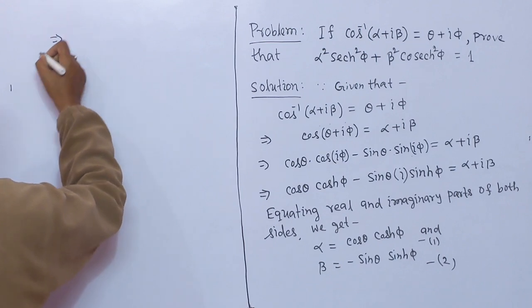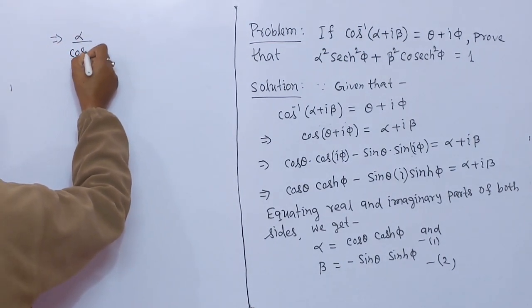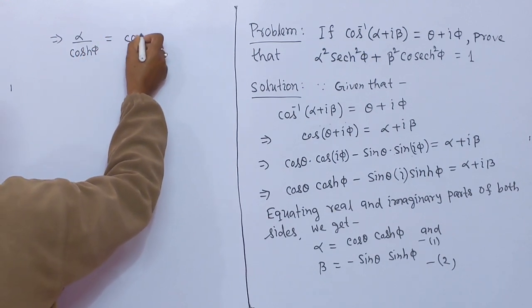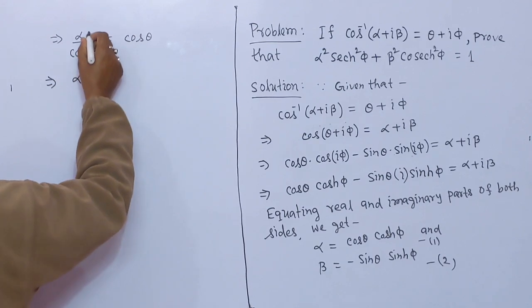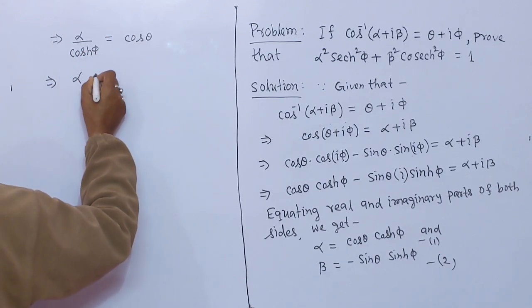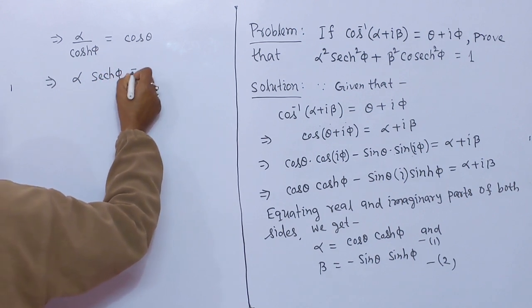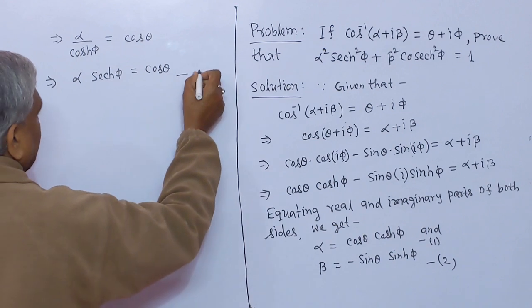This implies that alpha by cos hyperbolic phi equals cos theta. This implies that alpha times 1 by cos hyperbolic phi, which is sec hyperbolic phi, equals cos theta. This is number 3.